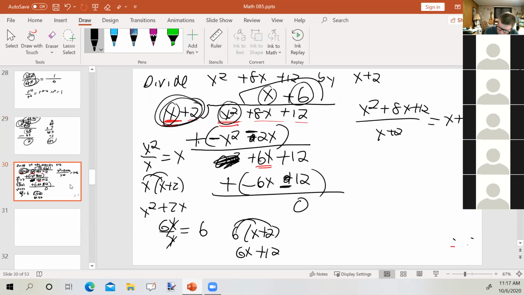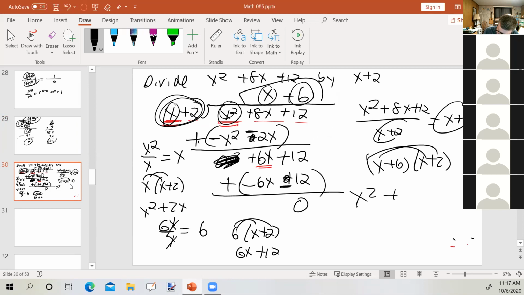So it checks. Well, here you'd take x plus 6 times x plus 2, this times this, and you get x squared plus 2x plus 6x plus 12, which is x squared plus 8x plus 12. So it checks. Okay.